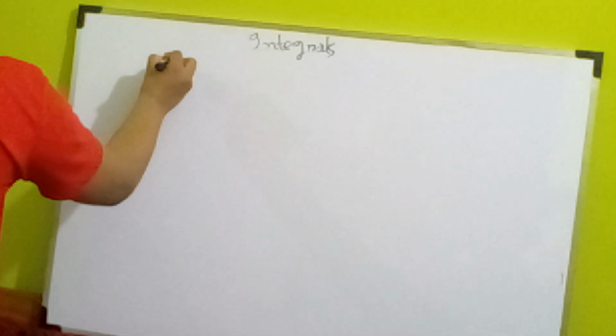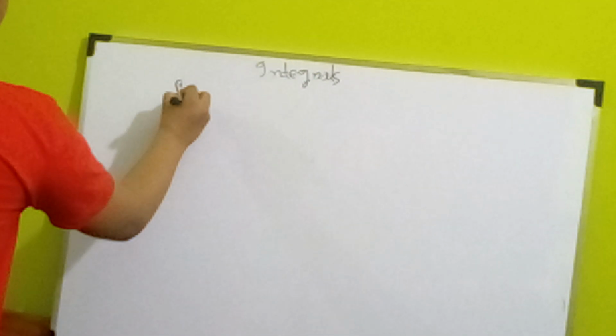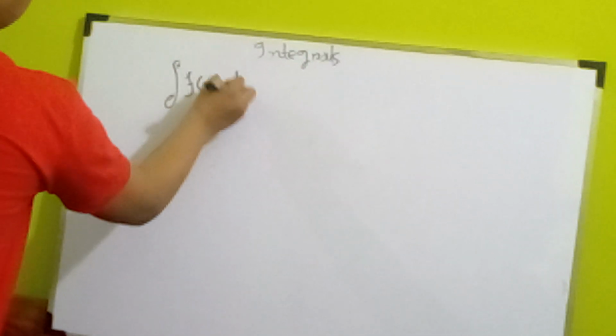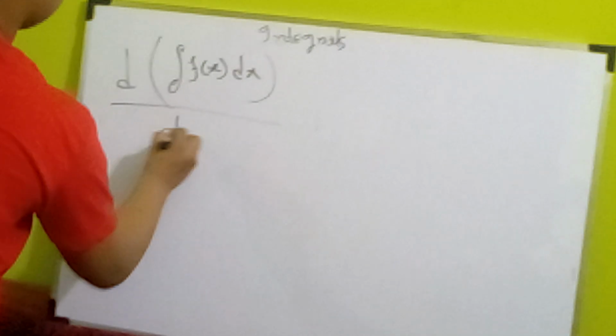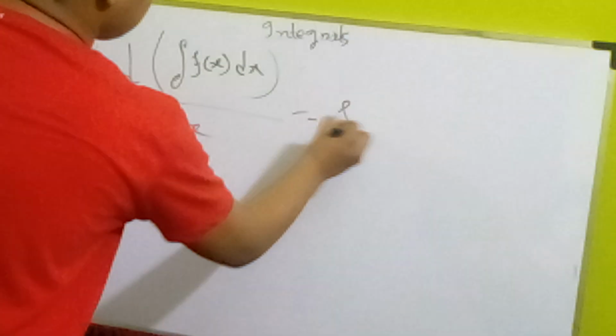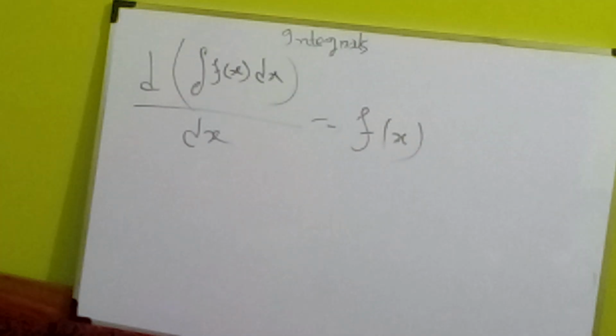Now, let's move on to the first thing. Let's formalize it. Integral of f of x dx. Take the derivative of it with respect to x, and it just gives you f of x.